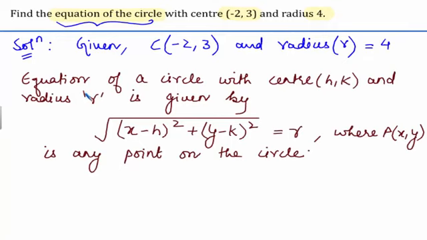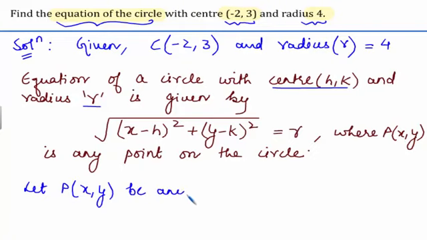and we know that the equation of a circle with center h, k and radius R is given by square root of (x minus h) whole square plus (y minus k) whole square is equal to R, where P(x, y) is any point on the circle. So, to find the equation of the circle with center minus 2, 3 and radius R, first let us suppose that P is a point with coordinates x, y on the circle.